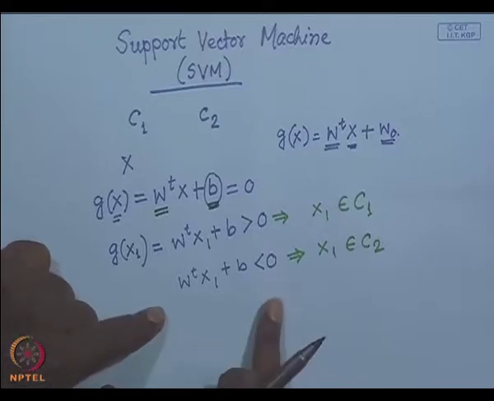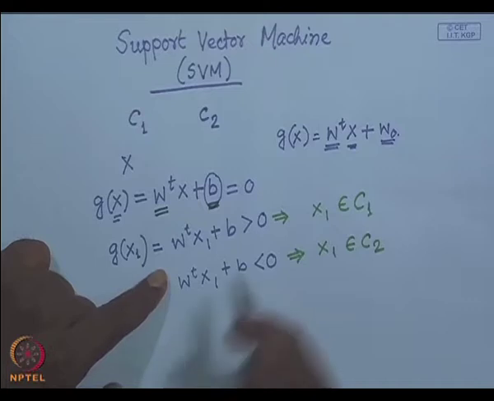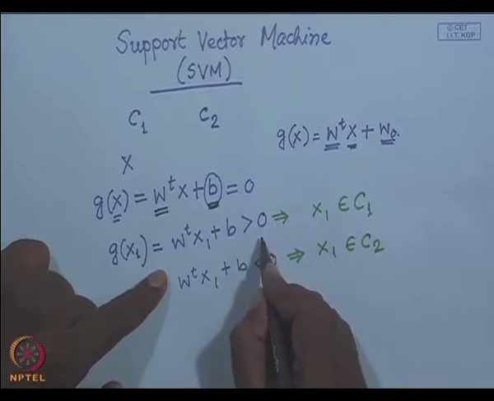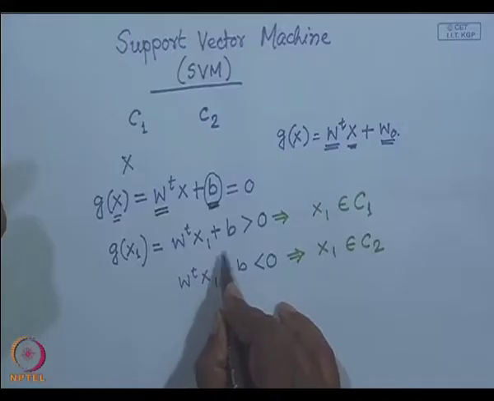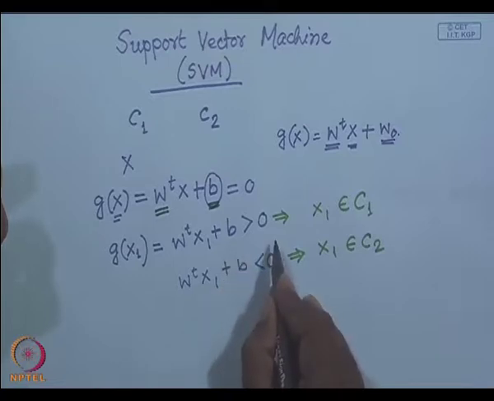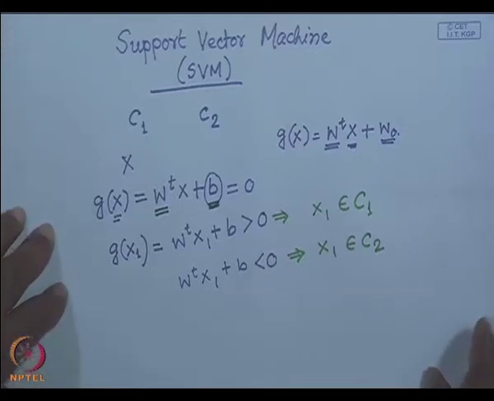And we have also said there that if a sample is just beyond this hyperplane W transpose x plus b equal to 0, even then it might be correctly classified. But the classifier that I so obtain, I can have a situation something like this.